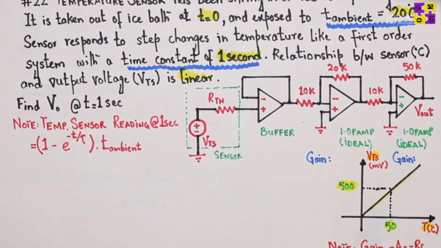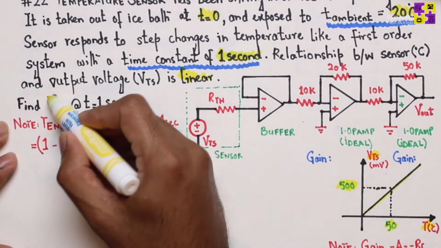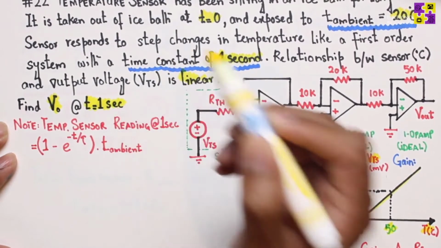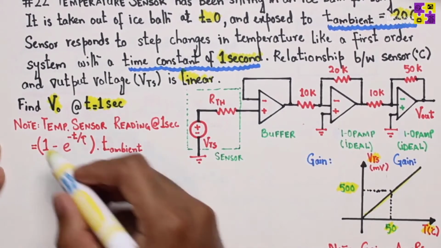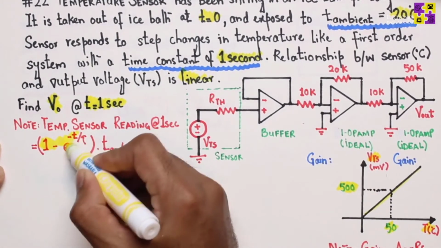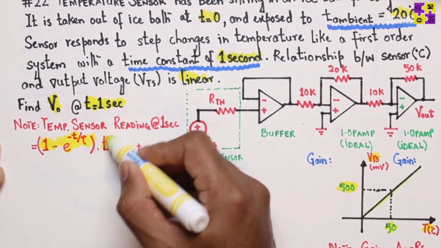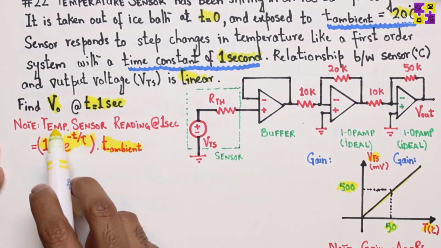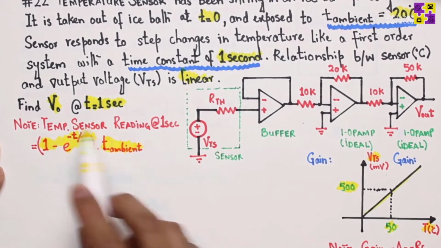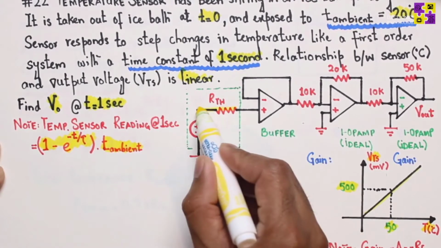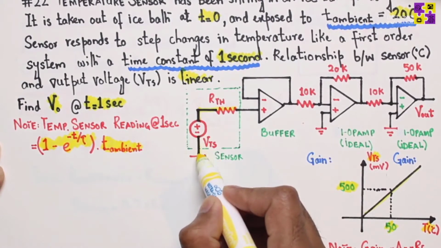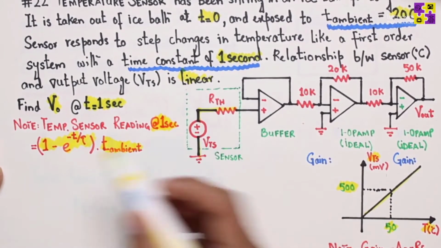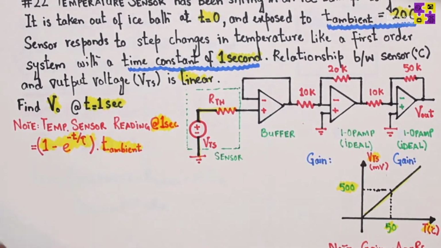So the very first thing we need to do, since we need to find out the V naught at t equals 1 second, we are going to apply this equation right here, and this would allow us to find out the temperature. What is going to be the temperature that this sensor system is going to sense after 1 second, at 1 second? And we use this equation right here.